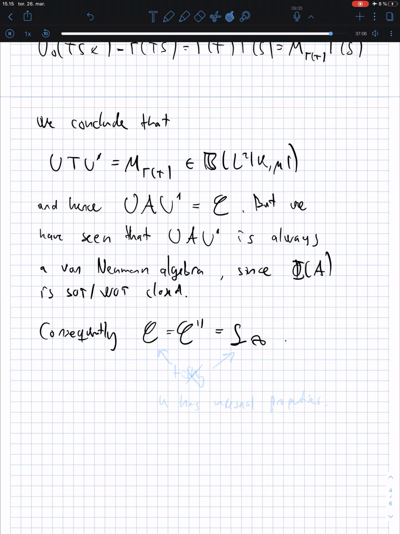Because it shows me that not only does any element in A get transferred into a multiplication operator, I also get every multiplication operator this way. But there's something fishy here, right? So I'll just write that as fishy because you might think that there's something really weird going on here, because as a consequence of my argument, C is the same as L infinity.